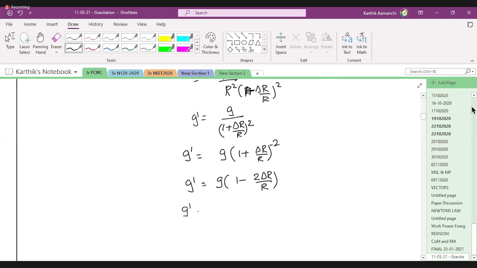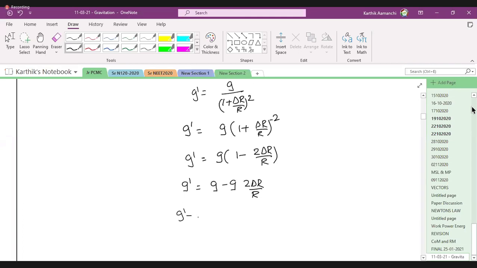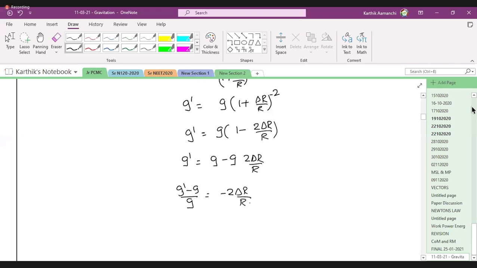So G dash minus G divided by G is minus 2 delta R by R. So G dash minus G is delta G, change in value by original value will give you a percentage change, no? So this is given how much? 1.5%, so 3%.